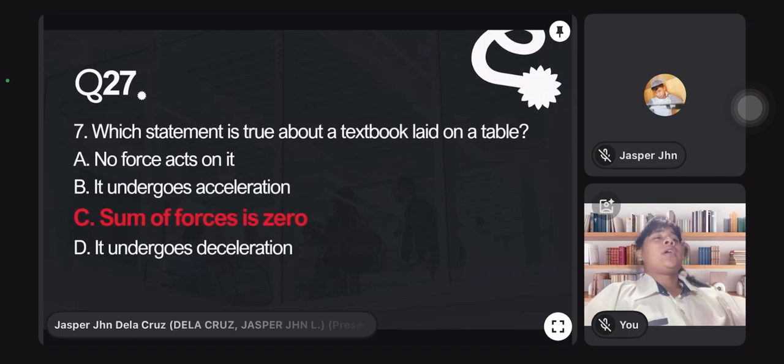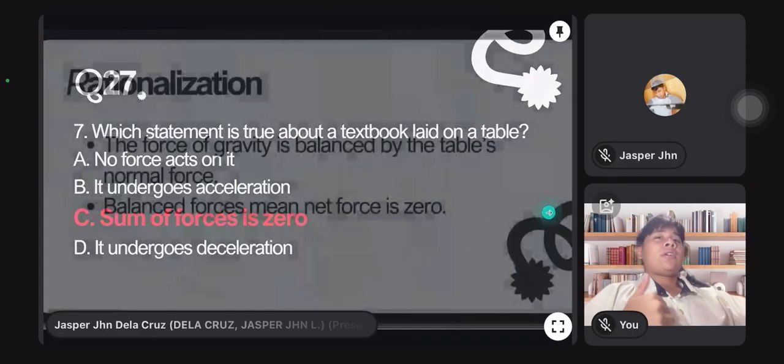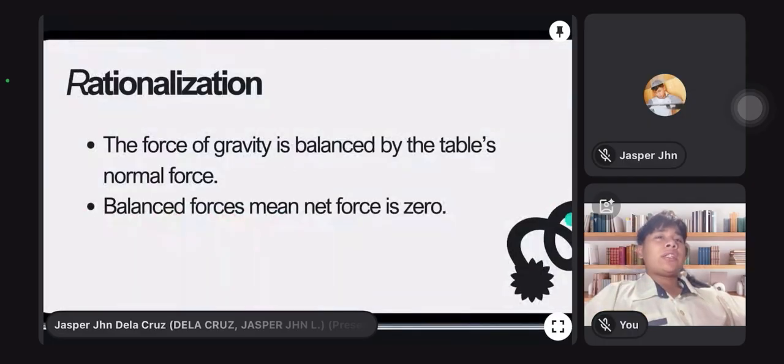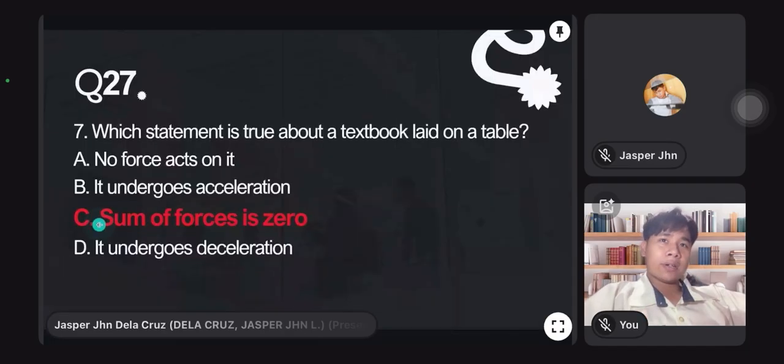Why? It's because the force of gravity is balanced by the table's normal force, and balanced forces mean that force is 0. So the book is not moving. Because the force is balanced, net force is 0. Why are the other choices incorrect?